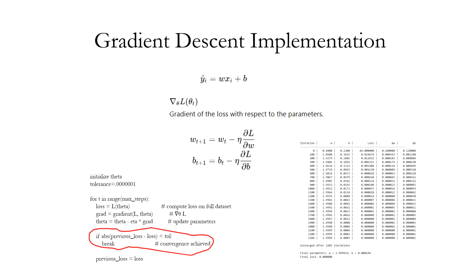We want to set a tolerance and then minimize so that convergence is achieved. We've got the update equation, the loss, and then the gradient. And you can see that after a certain number of iterations, it converges, where the loss is minimized. So you see that the loss goes to 0.